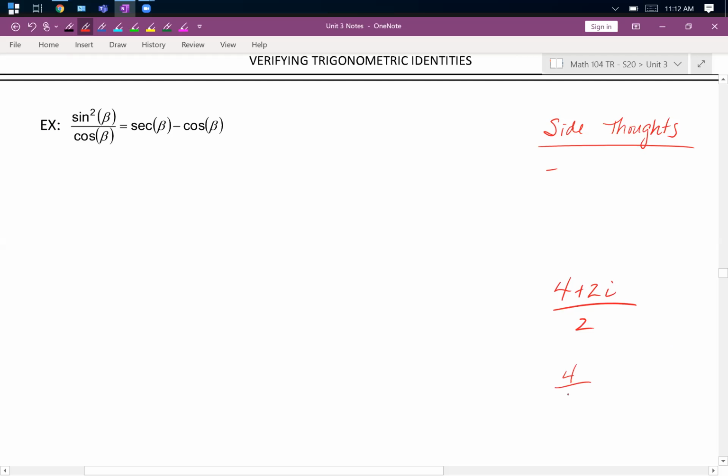And then we break this up into 2 separate fractions and simplify, and you get something like this. Algebraically, that's what has to happen with this one as well. We need the numerator to become multiple terms.